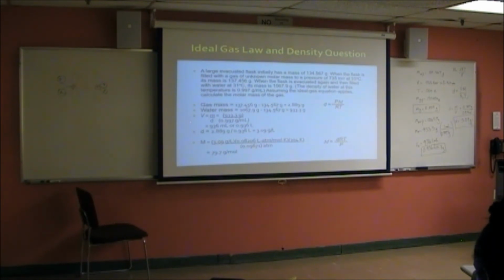So again, you have this big thing, you just break it down into the little steps and you can figure it out. Take your time and figure it out. Do not stress, do not get frustrated.